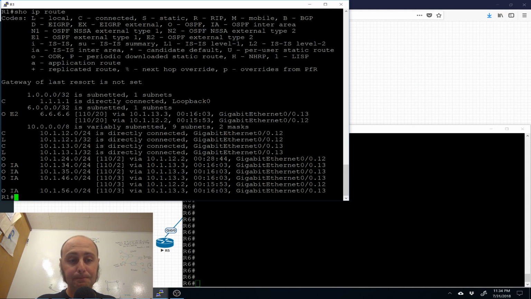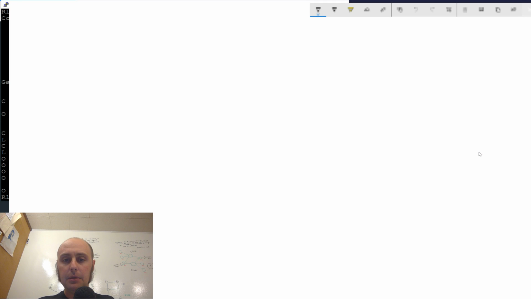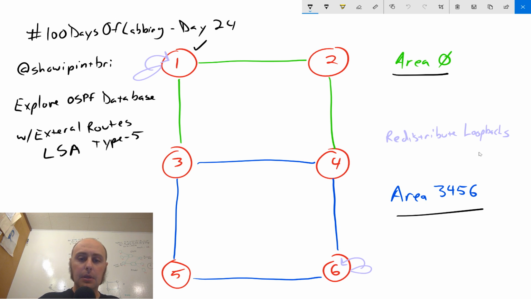Okay, so we're actually going to load balance or load share to reach that network, which was pretty cool. So then I took a network like, okay, well, if we're load sharing to get to 4.6, why aren't we load sharing to get to 5.6? And we have a cost of 3 there. So let's see, we'll bring up our topology. It's a cost of 3, so this is going to have a cost of 1.